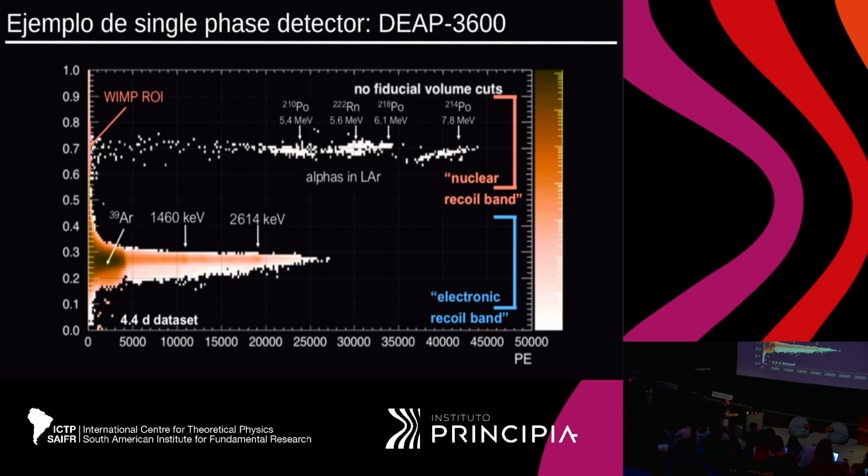So this PE, it's photoelectrons, so this is the number of photons that you are seeing after an interaction. Each vertical line corresponds to exactly the same total amount of photons, okay? And in this axis, essentially what you have is the time scale of the signal, how wide it is, okay?